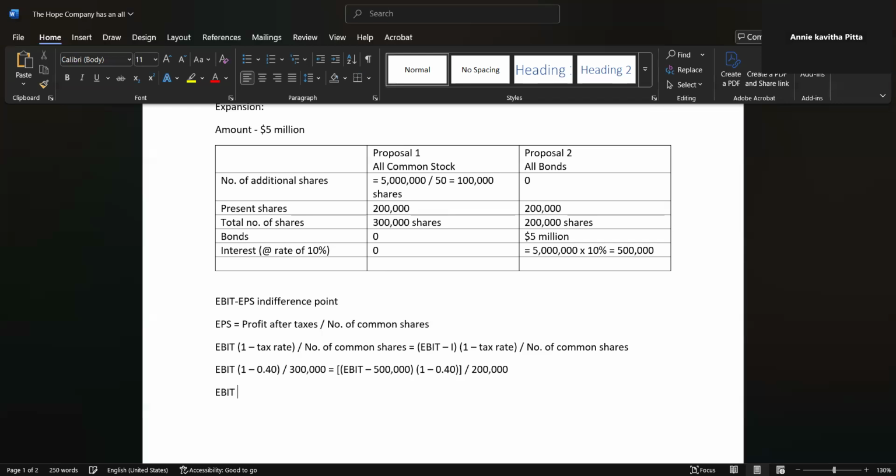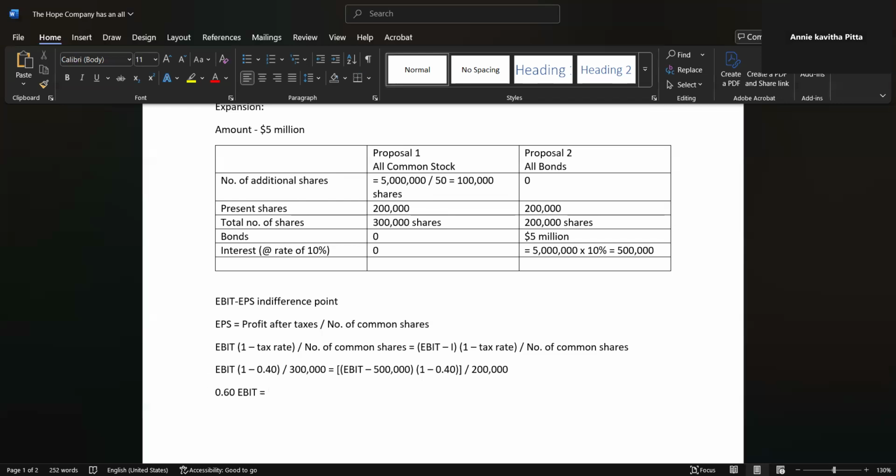EBIT minus 0.40 EBIT, or we can put it as 0.60 EBIT. Take 300,000 to the other side. So we have EBIT minus 500,000 into 0.60.